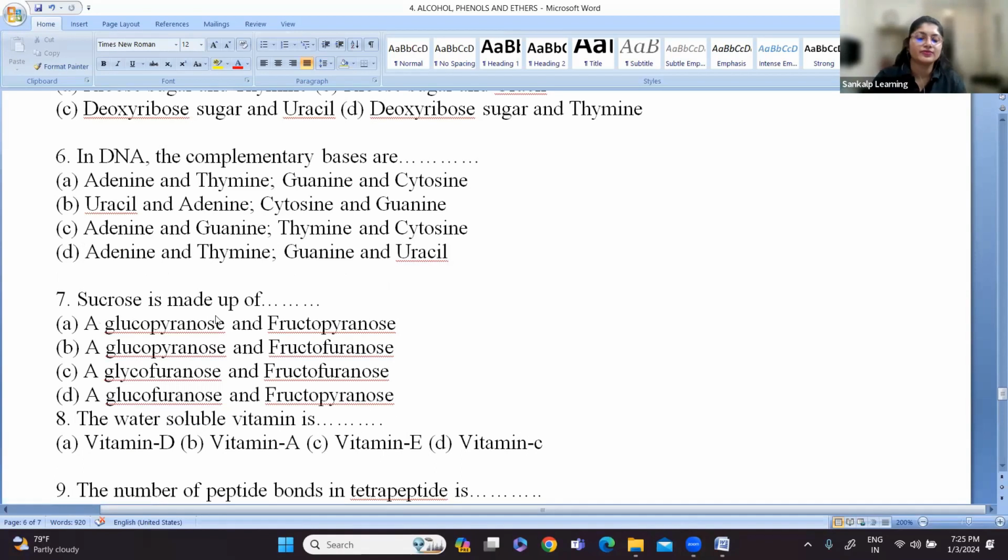Sucrose is made up of: A, glucopyranose and fructopyranose; B, glucopyranose and fructofuranose; C, glucofuranose and fructofuranose; D, glucofuranose and fructopyranose. Yes, students?